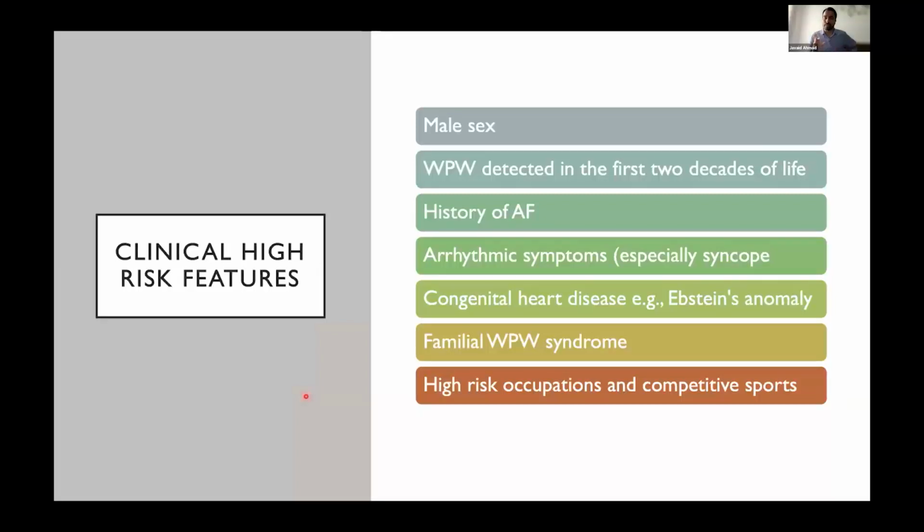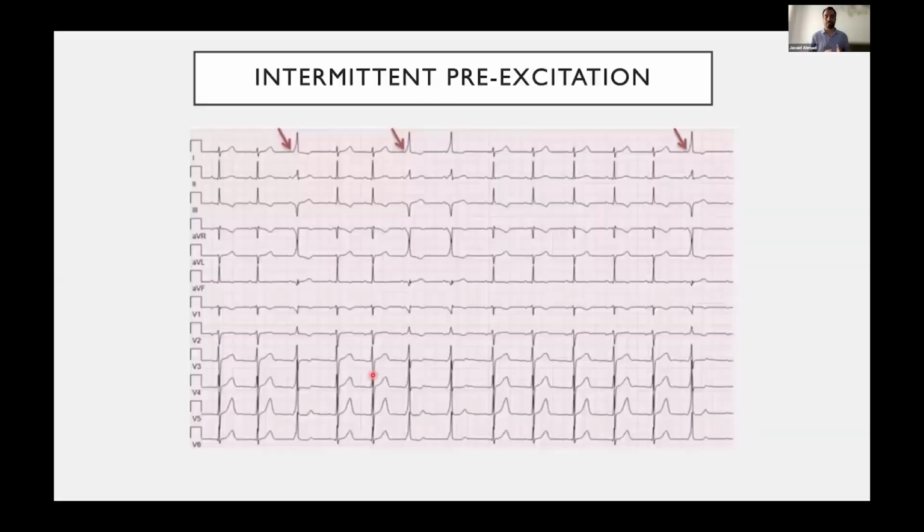But anyone who presents with syncope should be taken as a high risk feature. Patients with congenital heart disease, such as Ebstein anomaly, have high risk features. Patients who have familial WPW and high risk occupation. In high risk occupations, the risk at stake is much higher compared to the individual risk. So all these patients should be taken as high risk for sudden cardiac death.